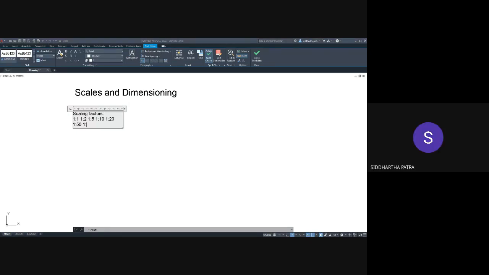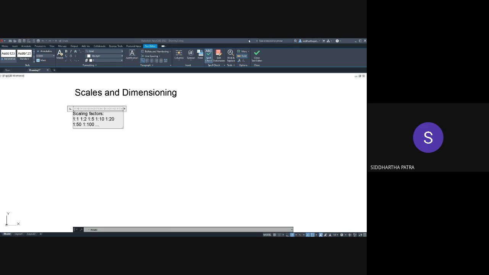Yes, correct. The next term in this series is 1 is to 100. So these are the different scales, the scaling factors, that you can use for drawing in reduced scale.